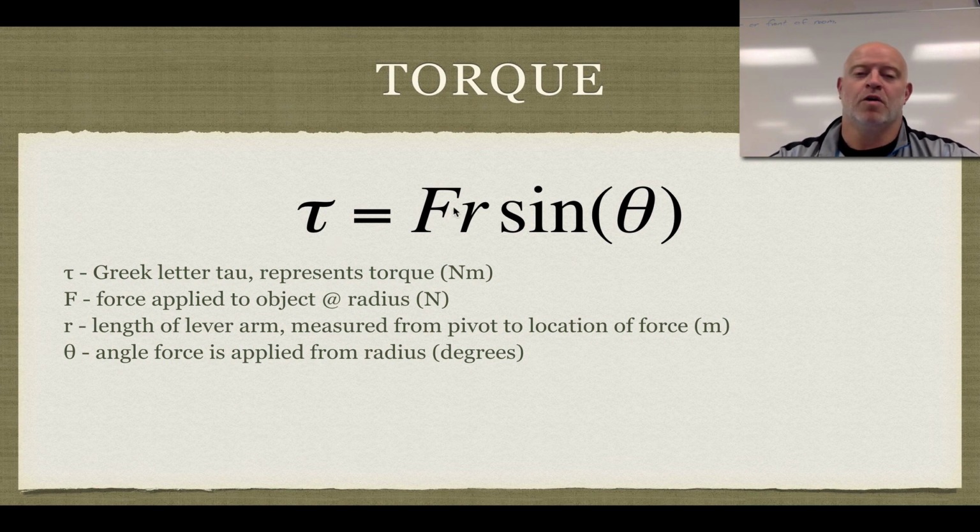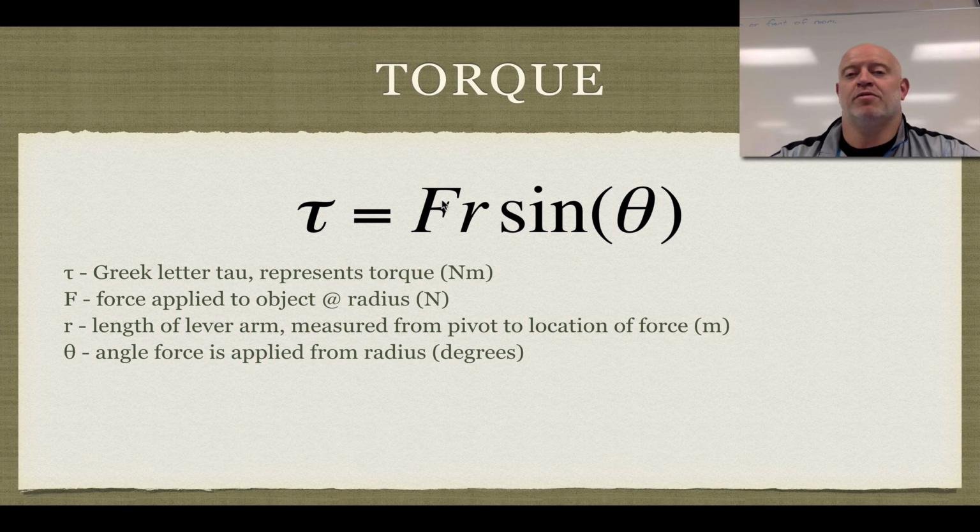We of course have to apply a force. That force is multiplied by that radius, the separation between the pivot point and the applied force. So we have those two things. The last piece of the puzzle has to do with at what angle you are applying the force. You need to have the proper angle so all the force you apply creates all the twist.